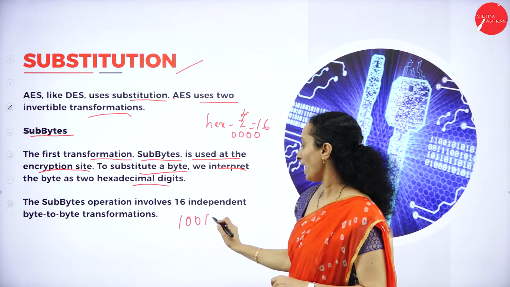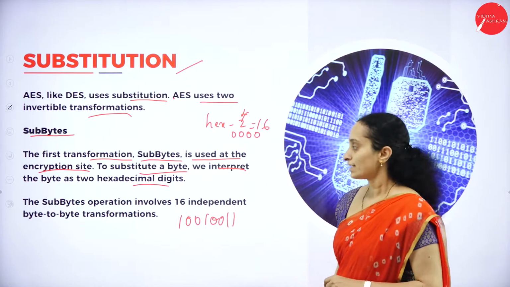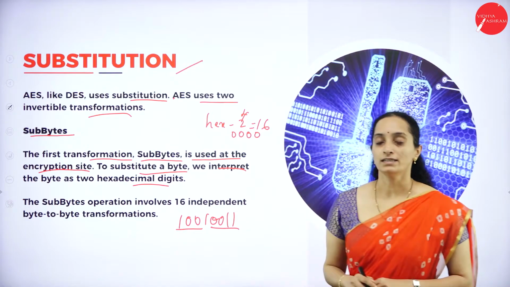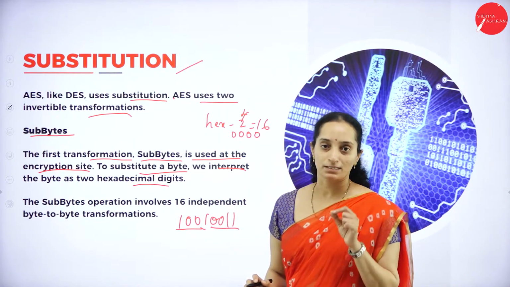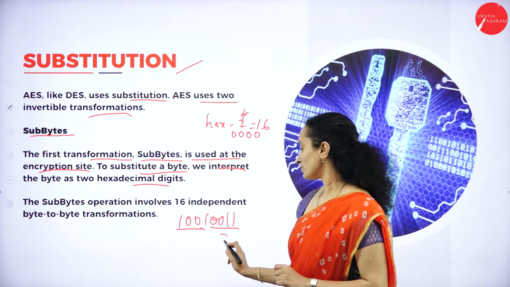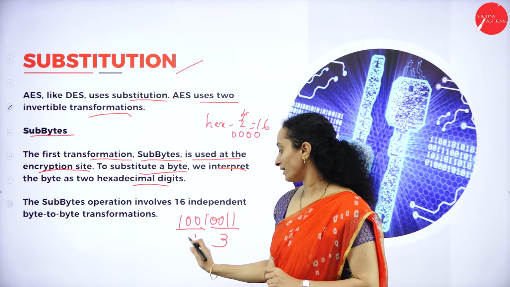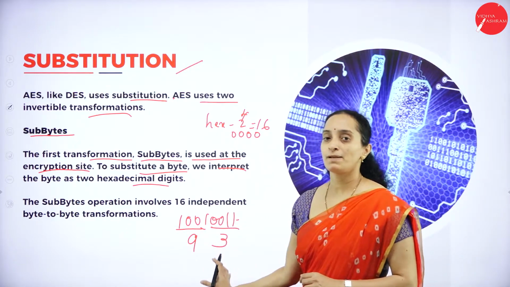So for the understanding of the transformation, a byte will be replaced like this. Suppose you have a byte that is divided into 2 parts, where each part is represented in the form of a hexadecimal digit, whereas 0011 represents 3 and 1001 represents 9. The whole byte will be replaced by 93.